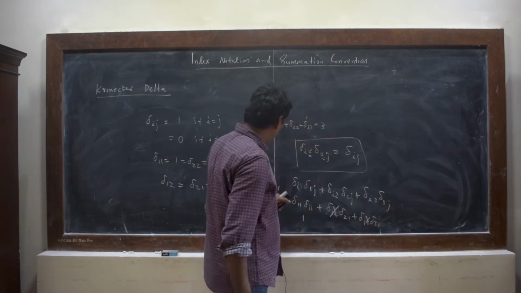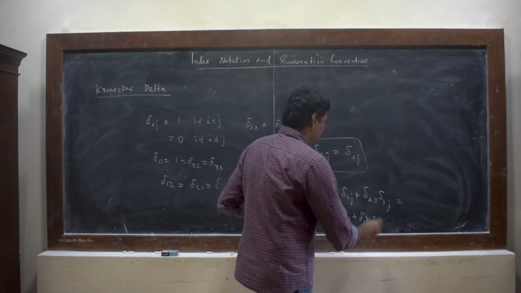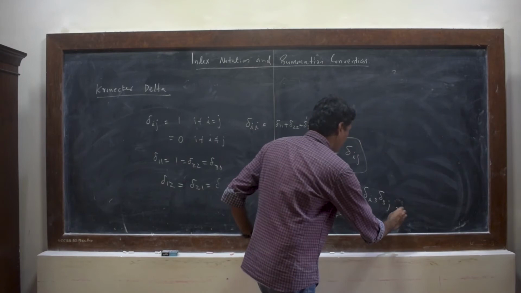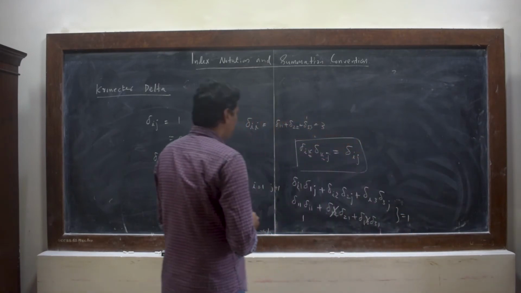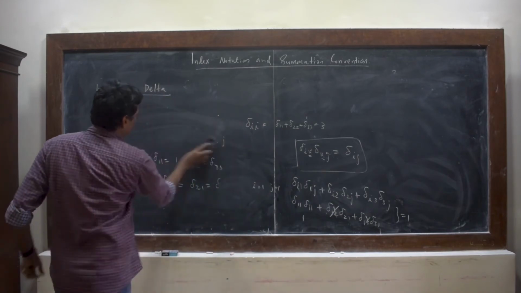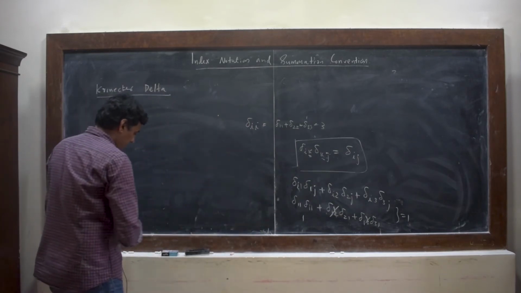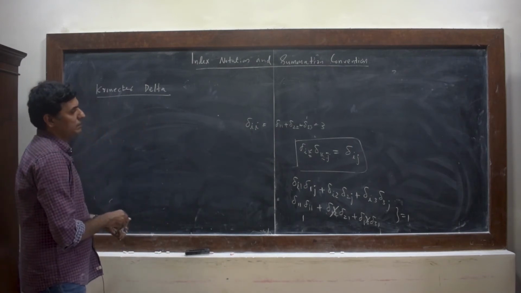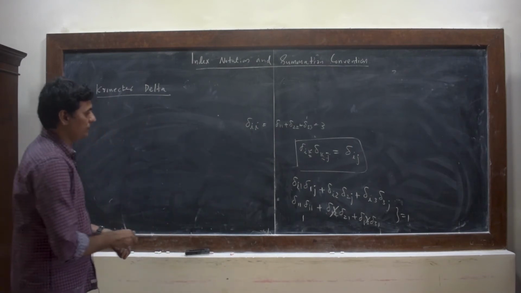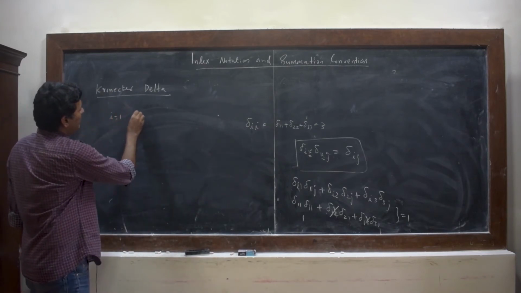So if i equal to 1, j equal to 1, you will get 1. Now we will take other options. Suppose that i equal to 1 and j equal to 2.